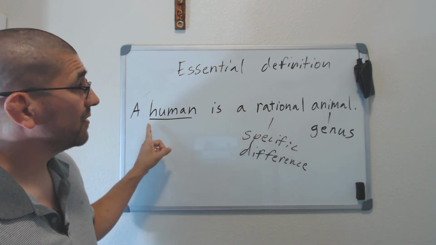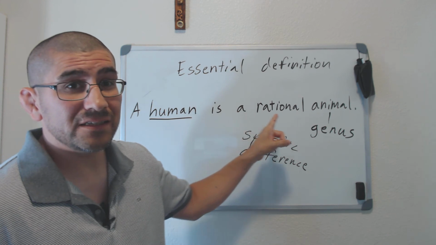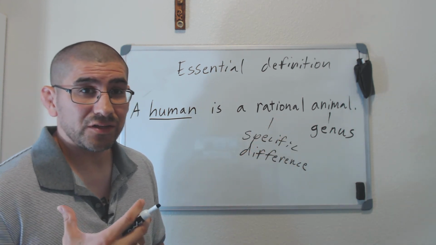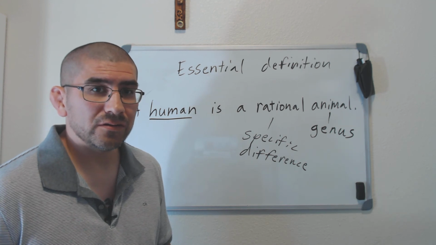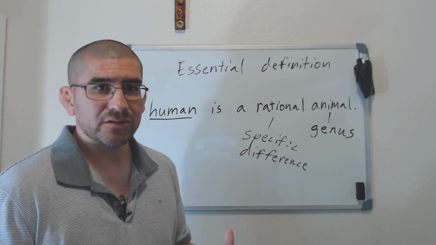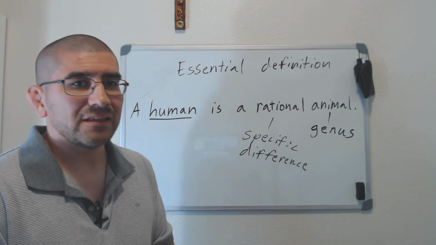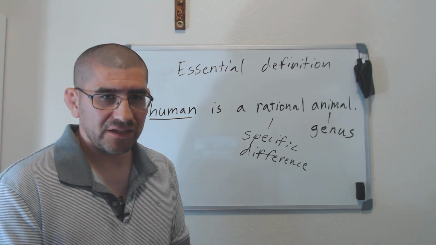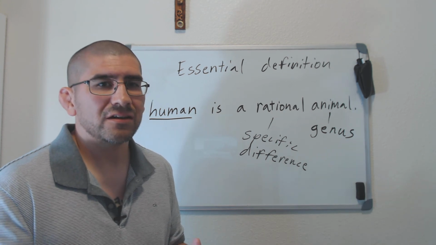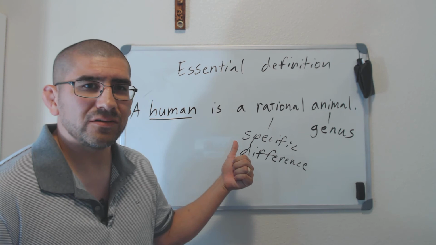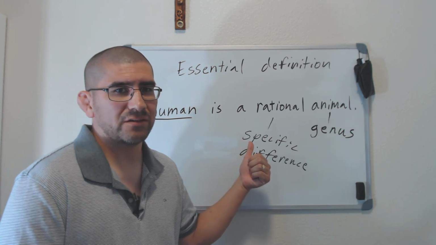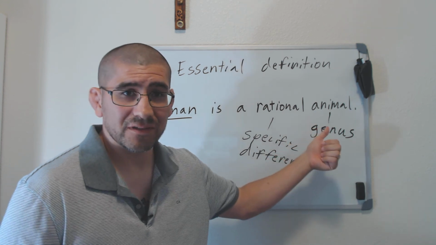So here we have an essential definition according to Aristotle of a human being. It includes all human beings, and it doesn't leave out any human beings, and it is not including things that are not human. So this is not going to include trees or something like that, because trees aren't rational, and they're not even animals.